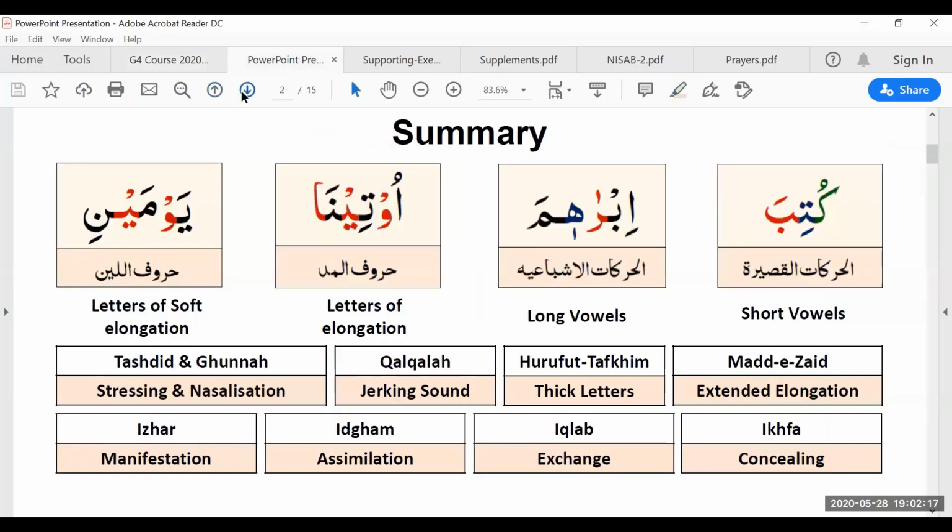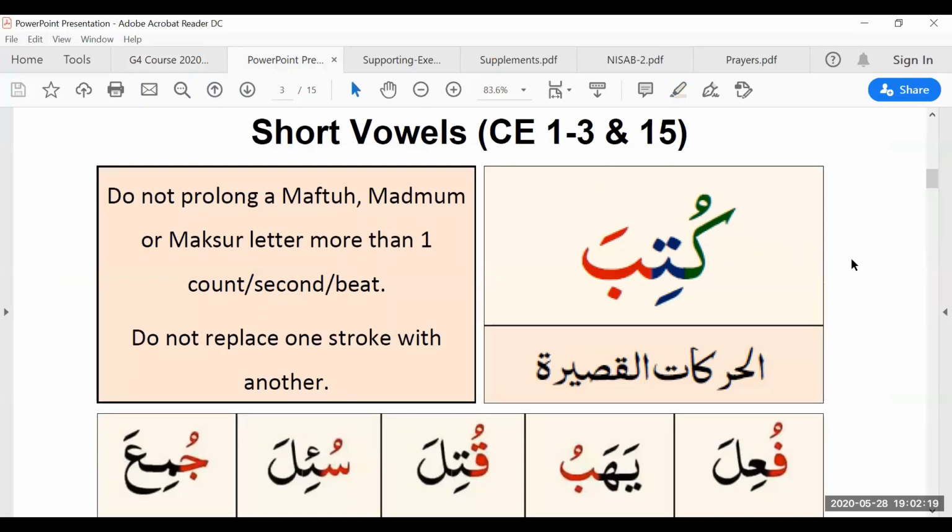So we will start with short vowels. The very first lesson of our course was about short vowels, and the rule for short vowels is that they should not be prolonged for more than 1 second, count, or beat. And the teacher also stated that we should not replace one stroke with another.